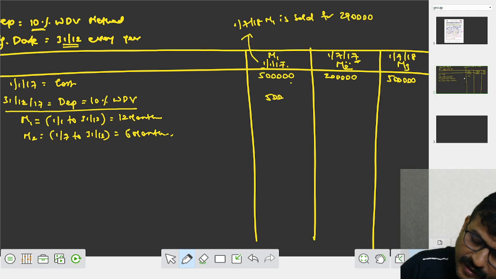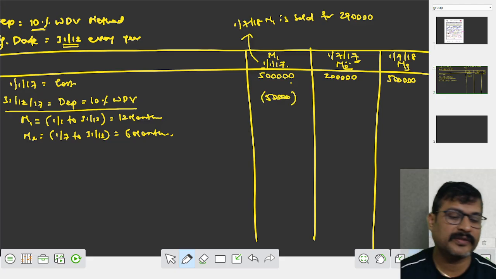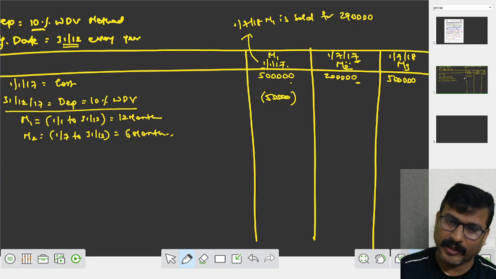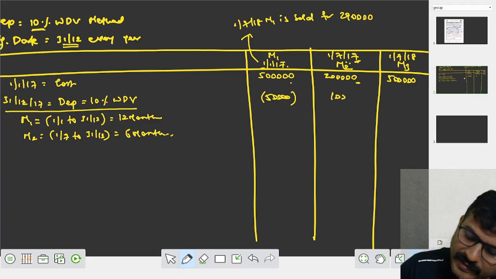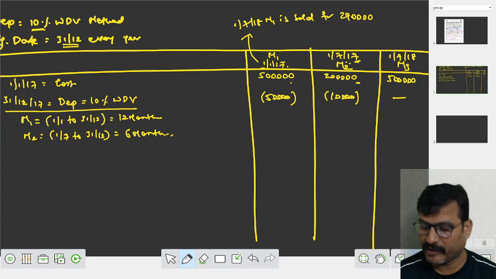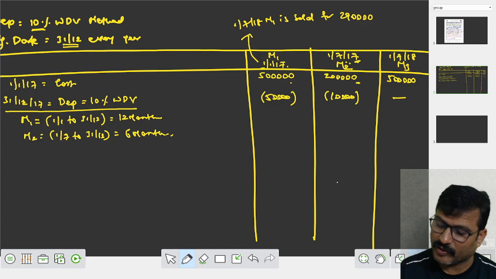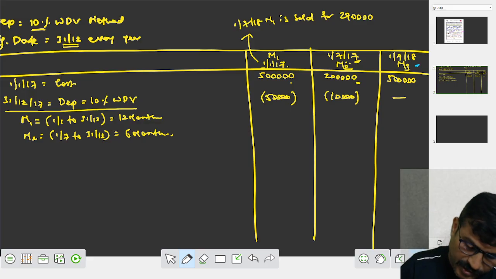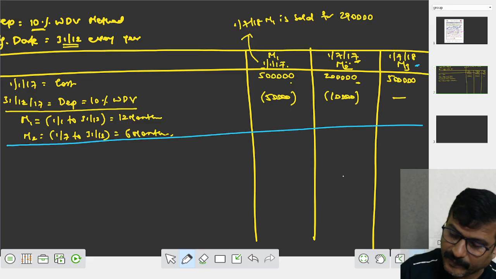On the first machine, it comes to rupees 50,000. On the second machine, 2 lakh, 10% into 6 by 12, it comes to rupees 10,000. Don't calculate any depreciation on the third machine because the third machine was purchased on July 18. Now, my dear children, we have to close it here only.